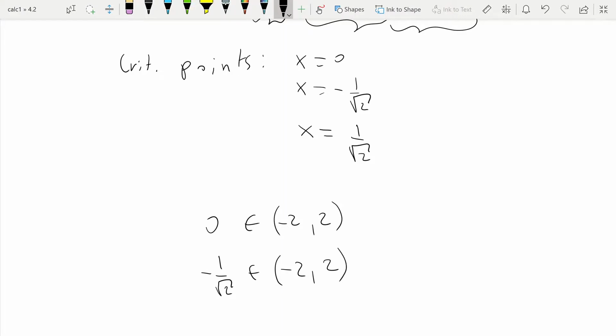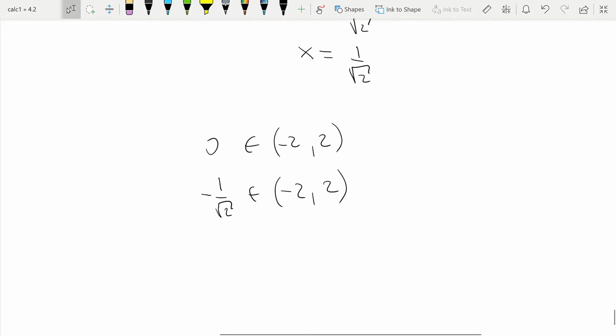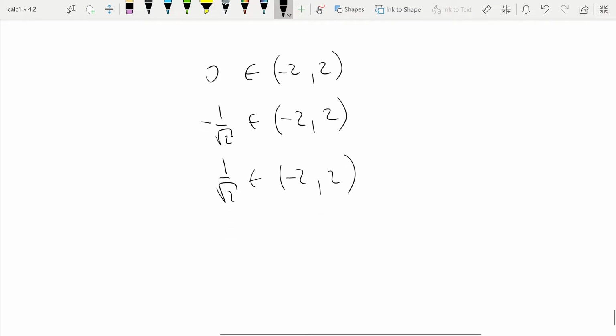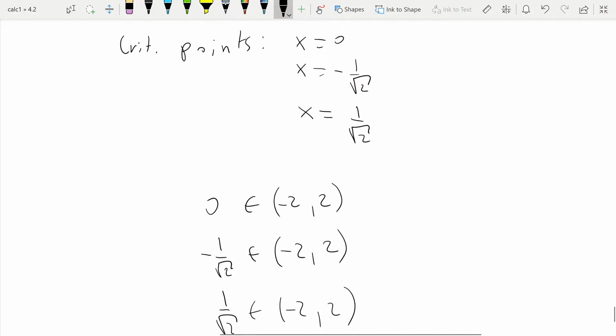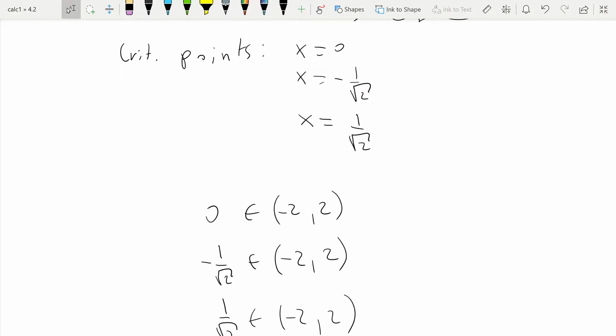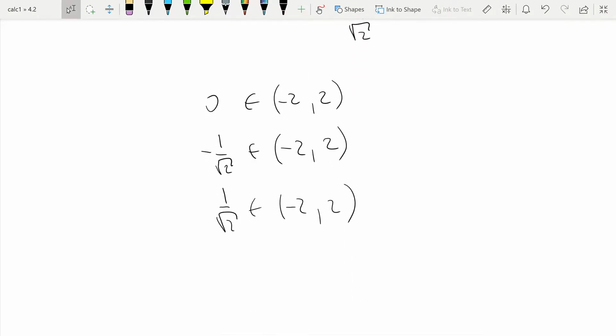Minus 2 is definitely smaller than minus 1 over square root 2. In fact, this fraction here is minus 0 point something, because square root 2 is bigger than 1. And also 1 over square root 2 is in minus 2, comma 2 for the same reason. 1 over square root 2 is smaller than 2. And then we've actually found 3 points.